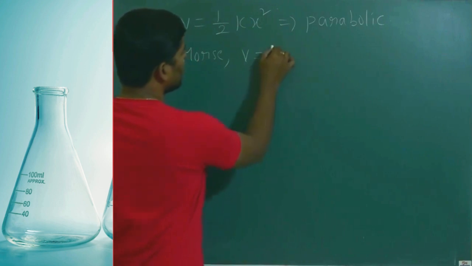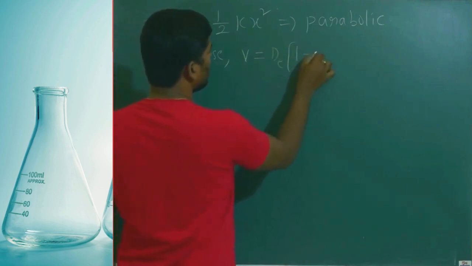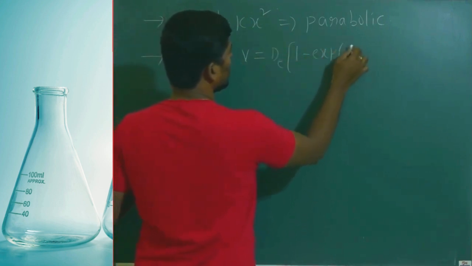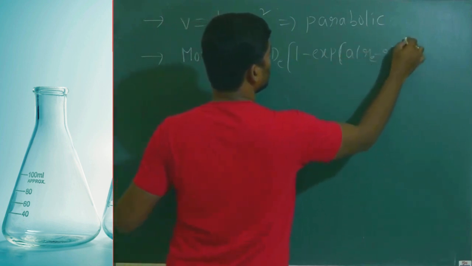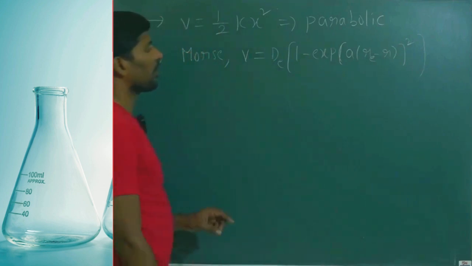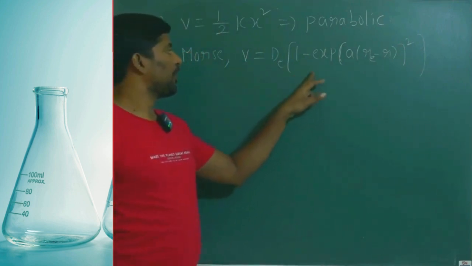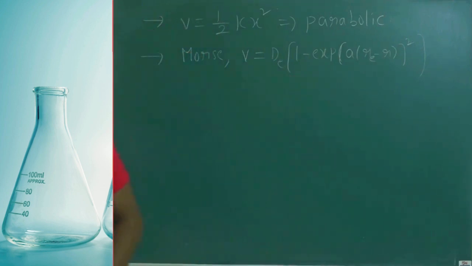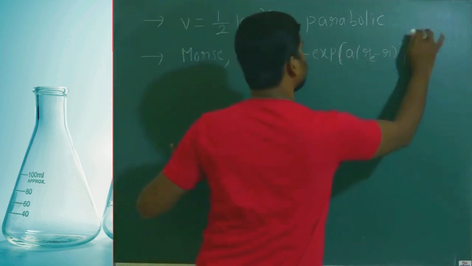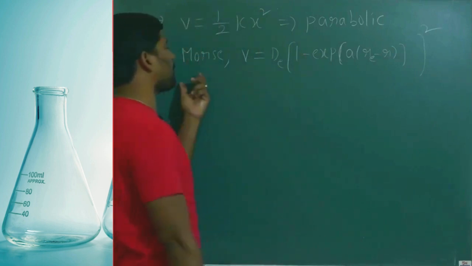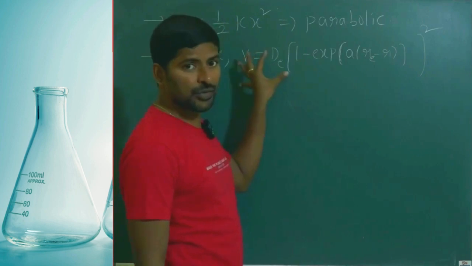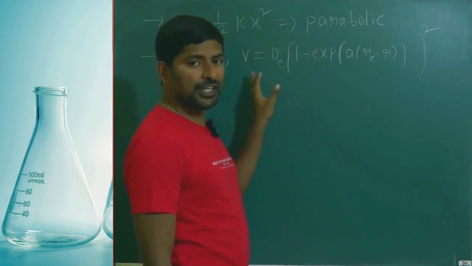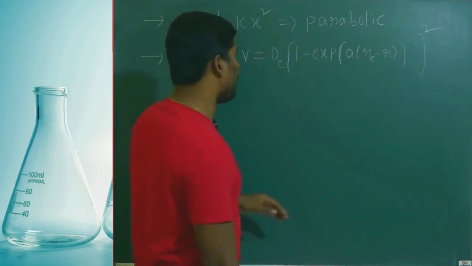The equation is D_e into (1 minus exponential of a into (R_e minus R)) whole square. This is the equation proposed by Morse for potential energy by taking into consideration anharmonic motion, that is, the breaking of bonds.